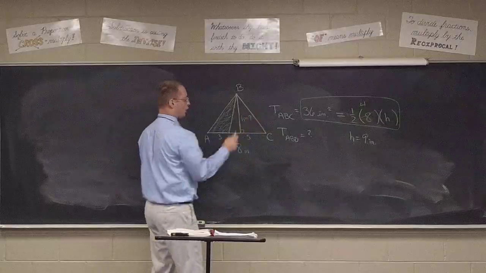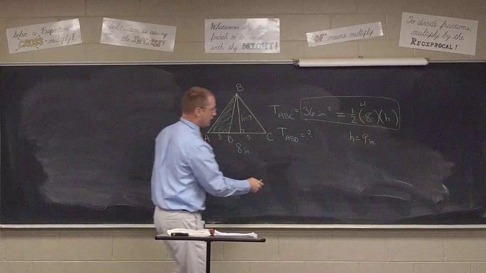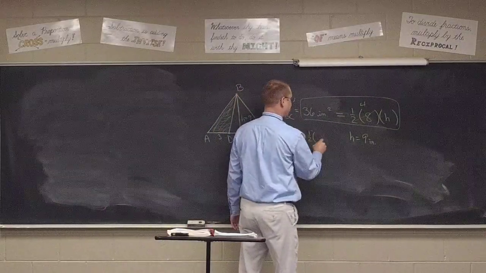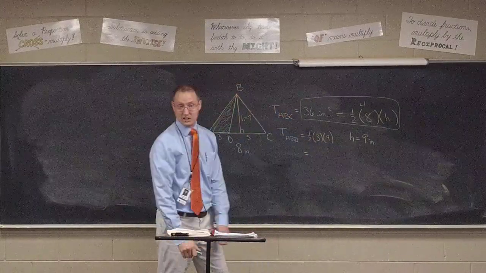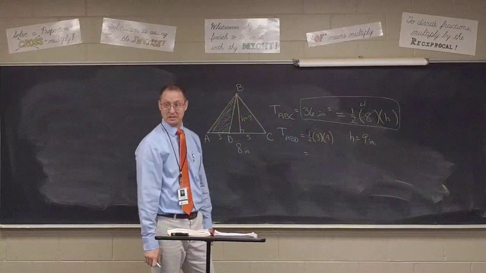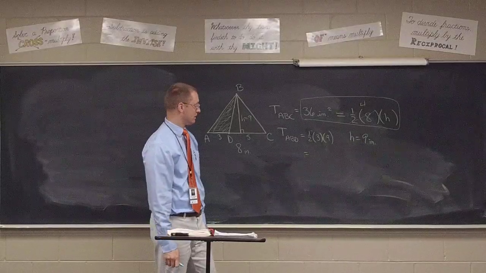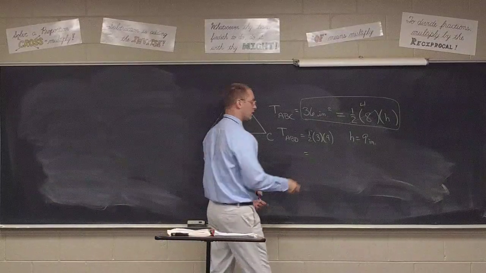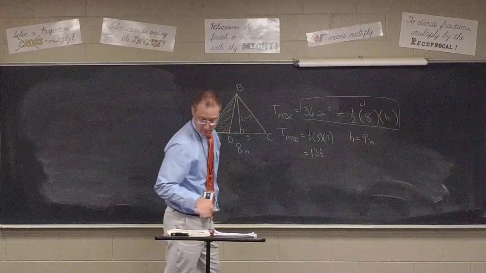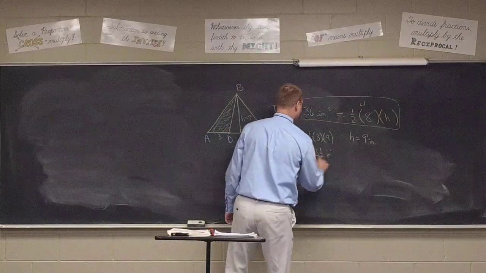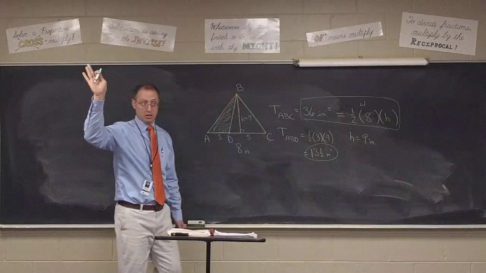So the area of the triangle equals a half base times altitude. What's the area, class? 27 halves, or 13 and a half. Is that inches squared? Yes. Inches squared. Anyone have 13.5 inches squared? I was so close. Nobody.